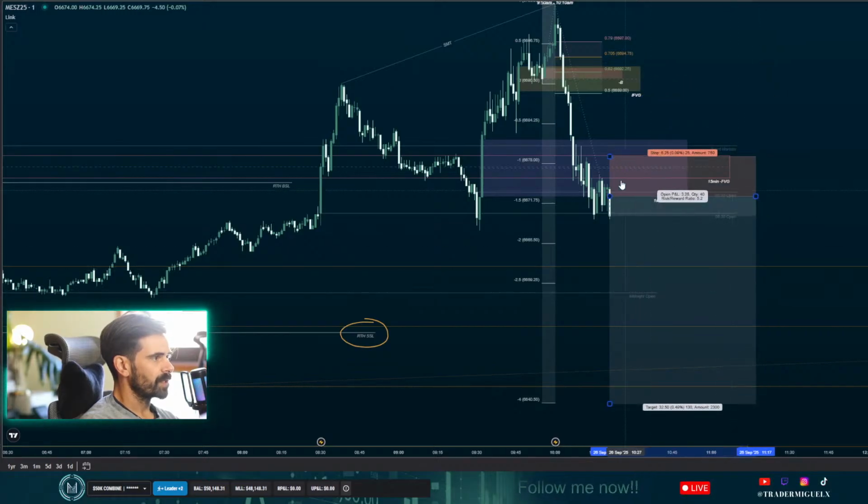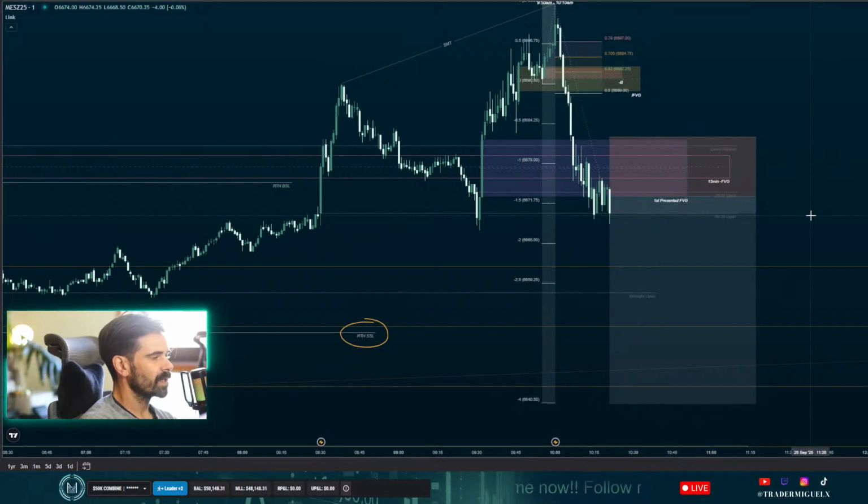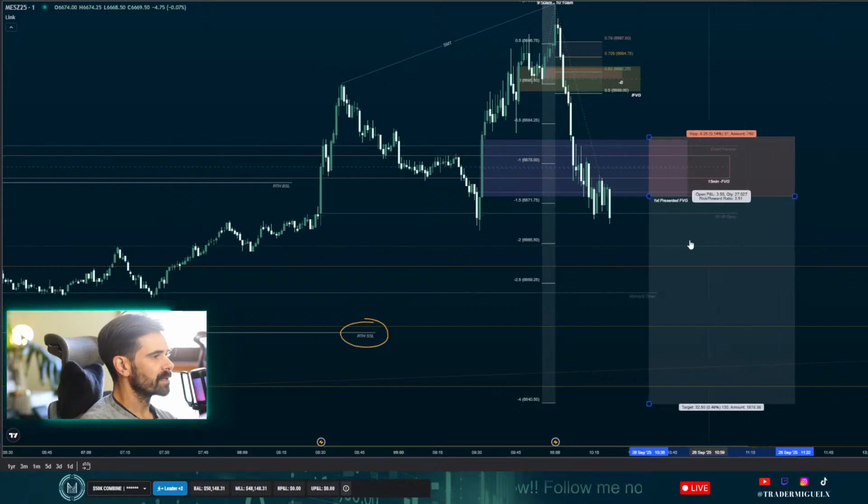I'm kind of afraid to enter here because price can eventually come back here, take out this liquidity. That's why I'm kind of hesitant.